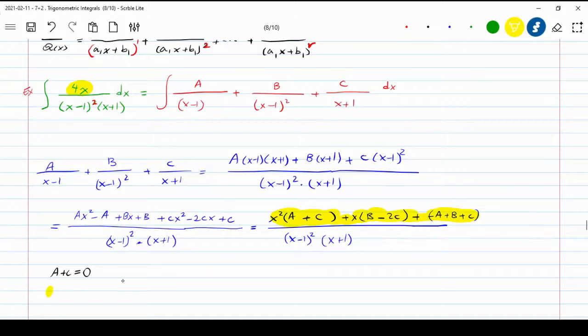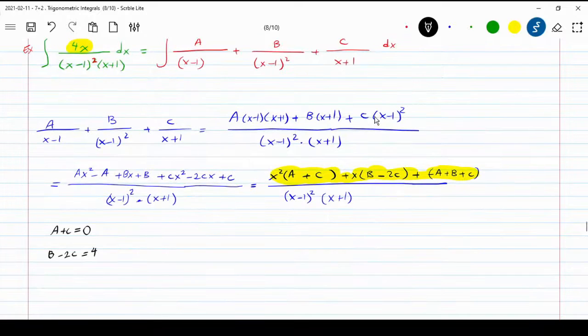And then you have b minus 2c. That's the coefficient of x, which must equal 4. And there is no constant. The numerator is only 4x. So the constant term must be 0 as well. So minus a plus b plus c must equal 0 as well.